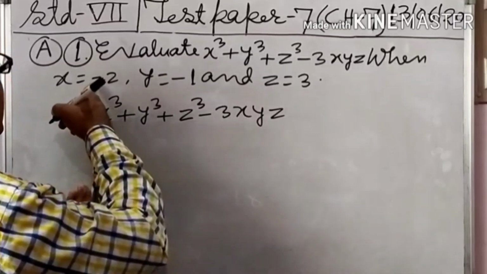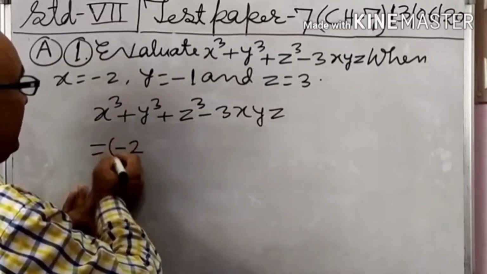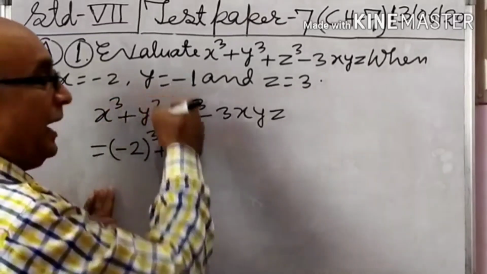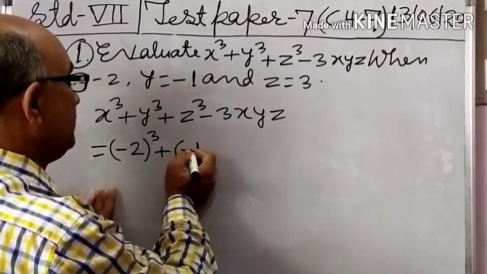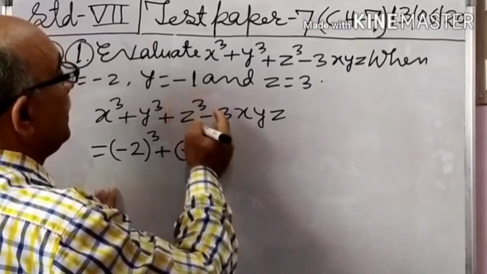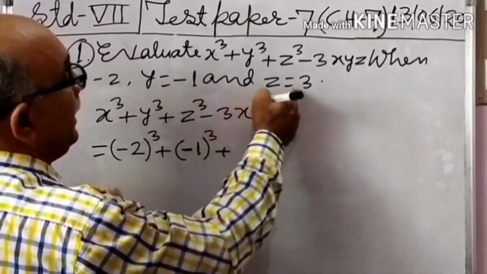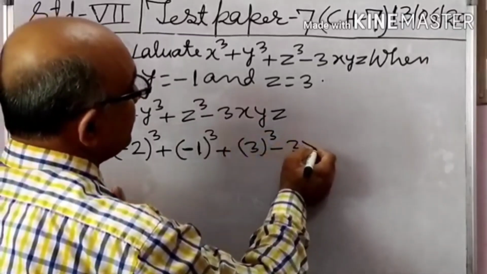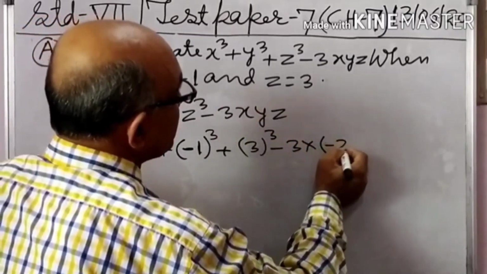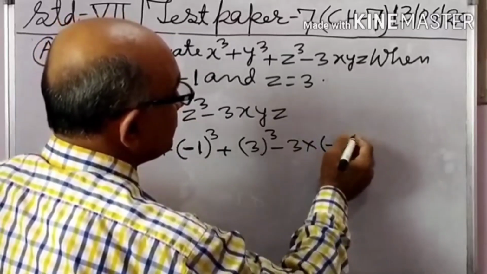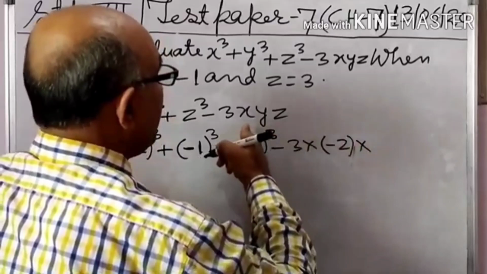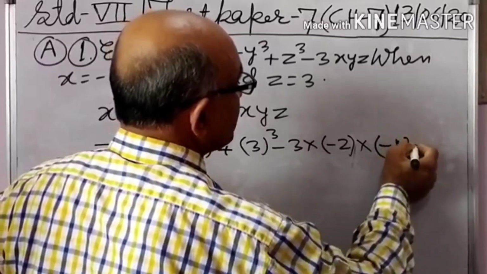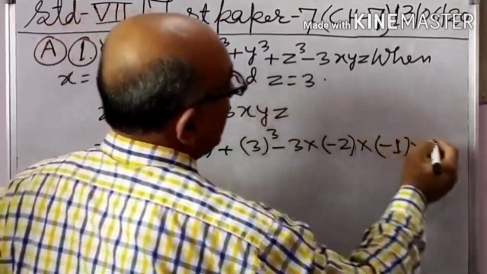Here x cube, the value of x is minus 2, so minus 2 cube, plus y cube, the value of y is minus 1, so minus 1 cube, plus z cube, the value of z is 3, so 3 cube, minus 3 into x, the value of x is minus 2, into y, the value of y is minus 1, into z, the value of z is 3.